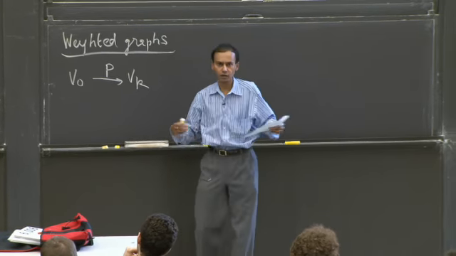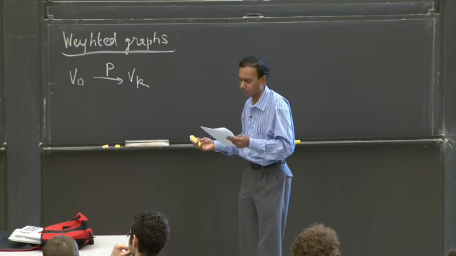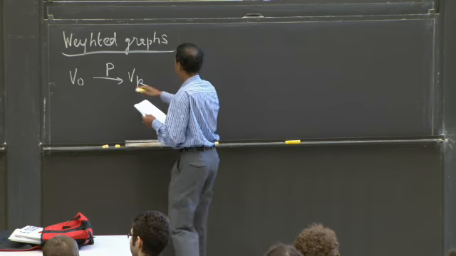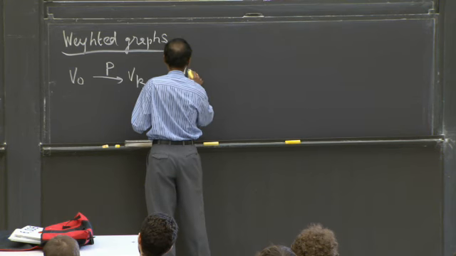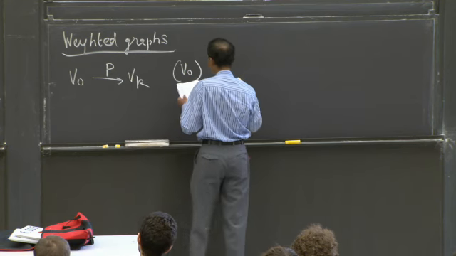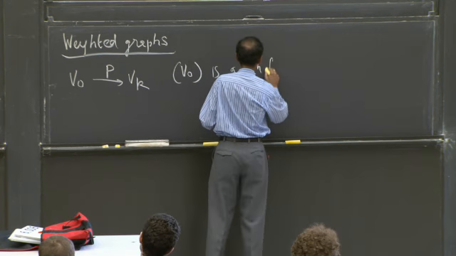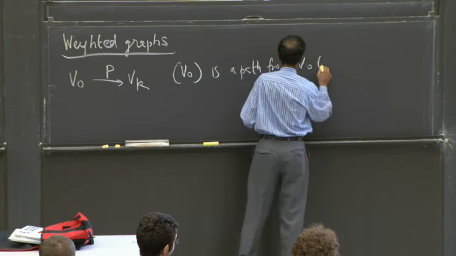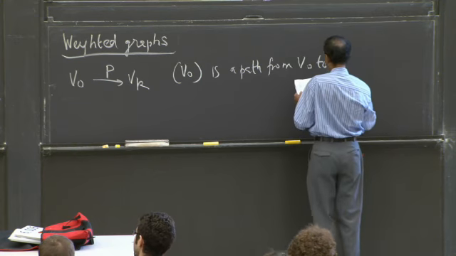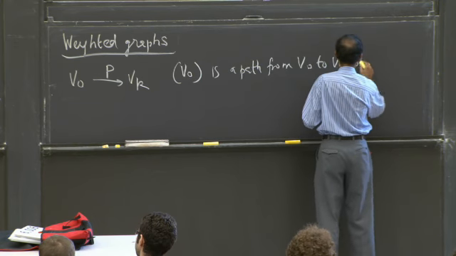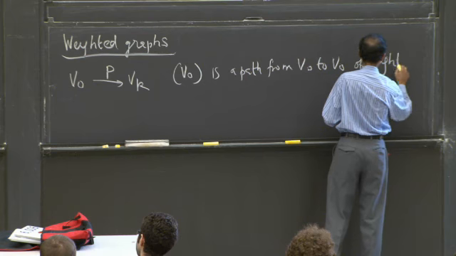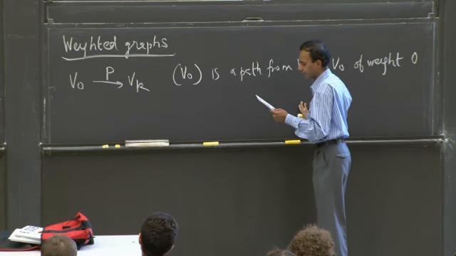Sometimes I'm searching for the path P with a minimum weight, and that's how I'm going to represent that. V0, which is a single vertex path, is the path from V0 to V0, so it's really a zero length path, and it has weight 0. Right? So that's one condition.